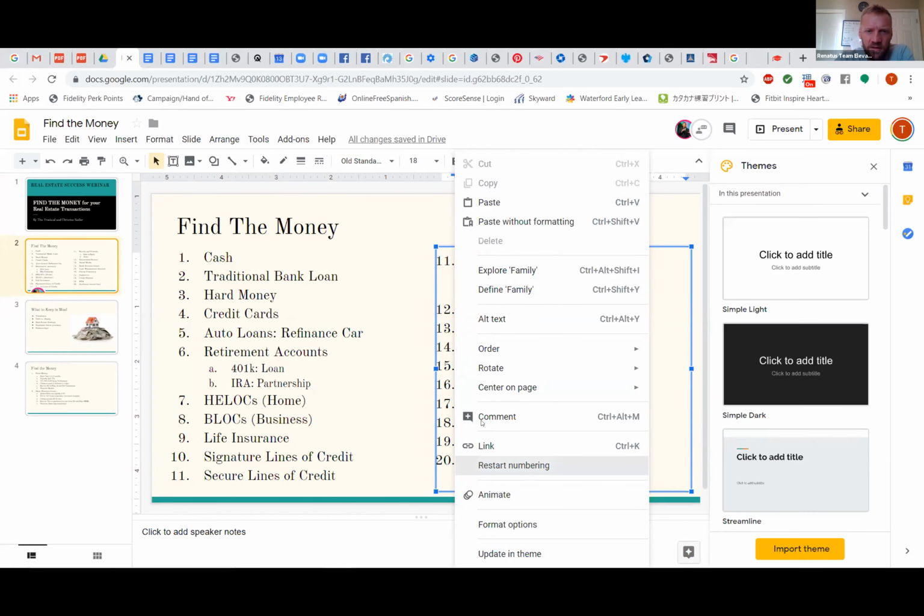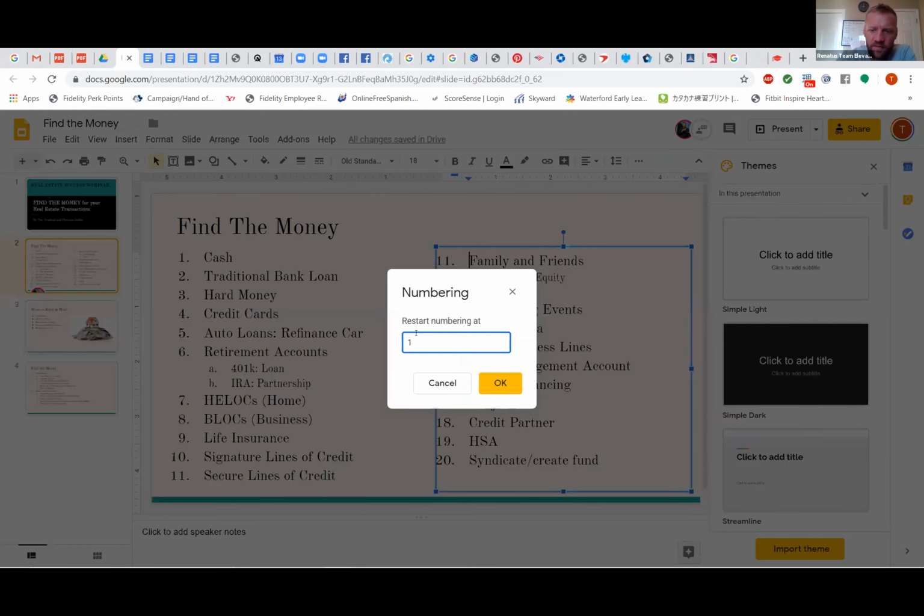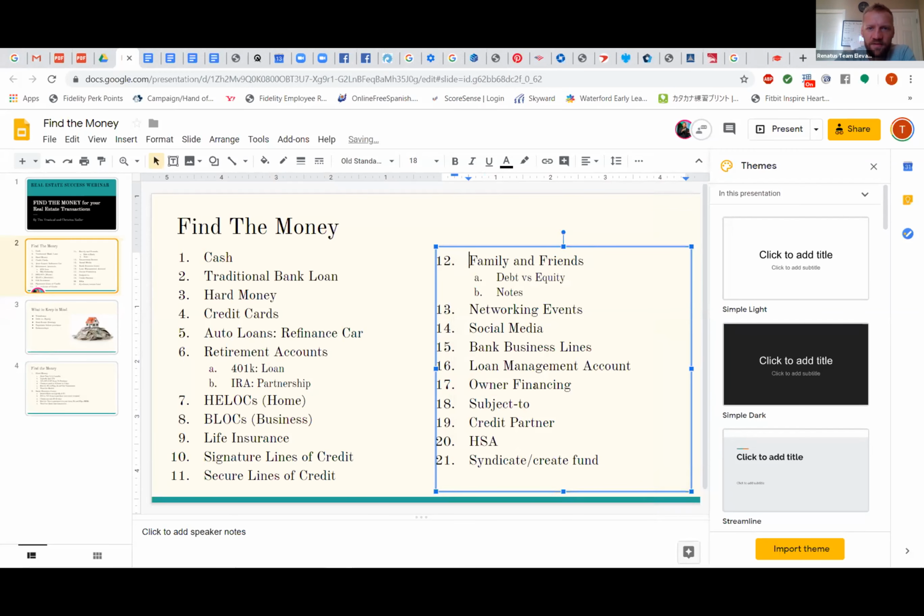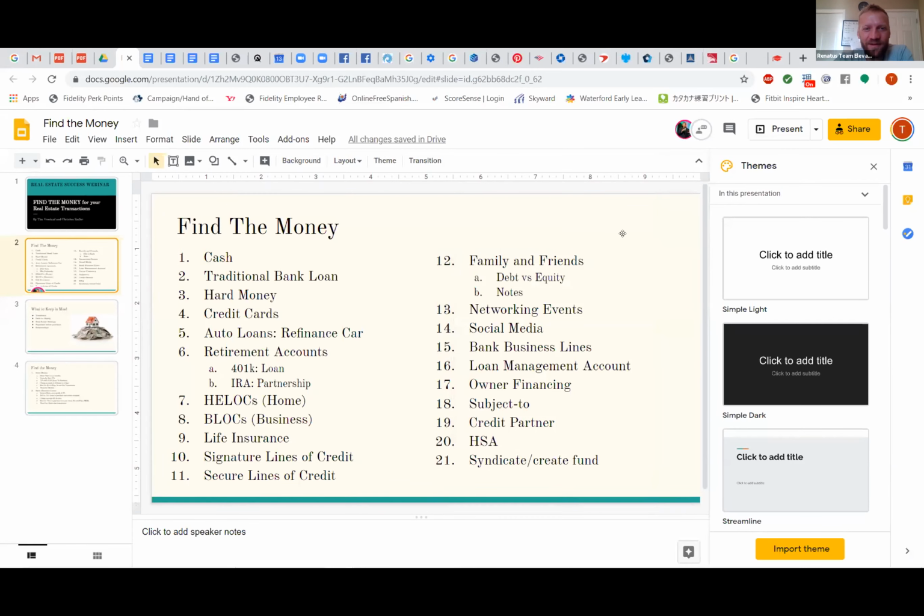Restart numbering from 12. Aha, there it is. Ah, perfect. Sorry, I was wondering how to do that. So learn something new every day. Oh, I forgot. I just did that the one time. I haven't done that before. You're good with that list? Yes, I am. Okay, awesome.